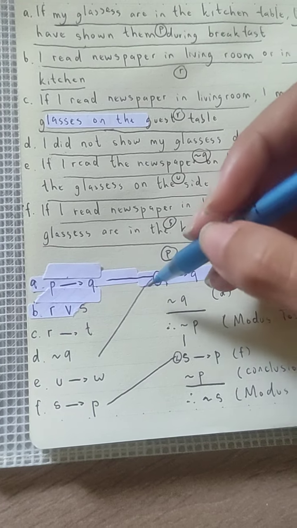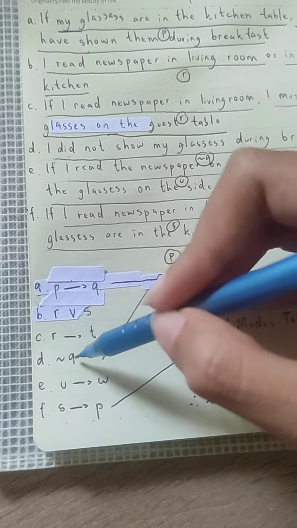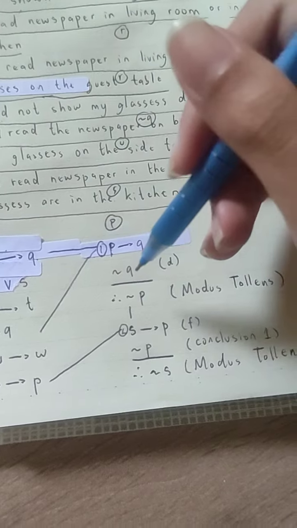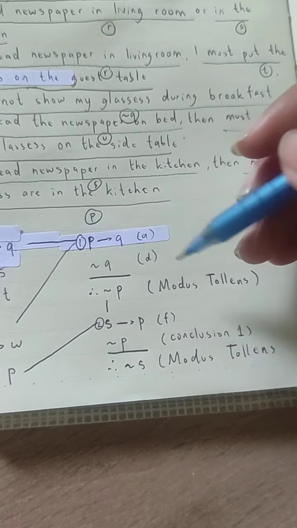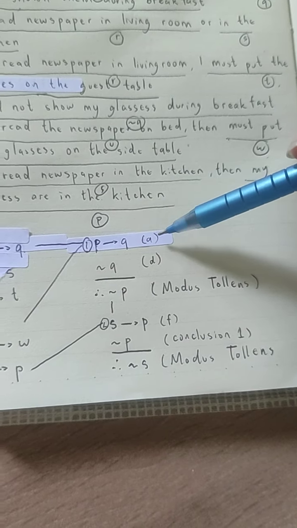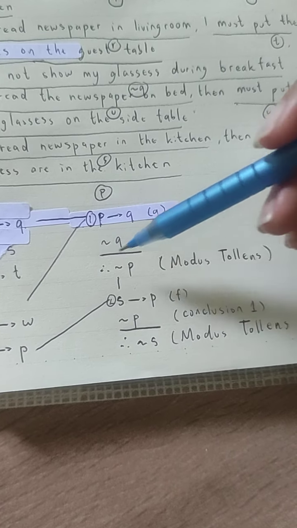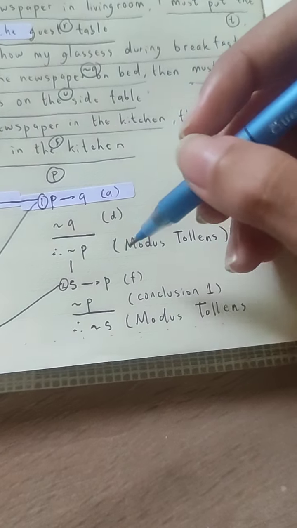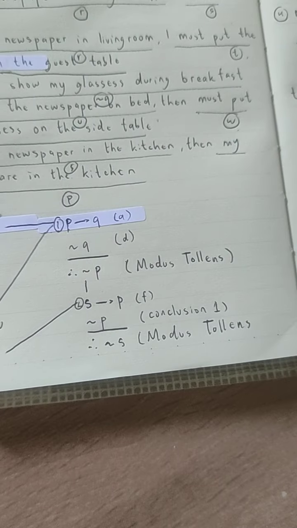Because for point D, there's a Q, we can insert it into our first conclusion. Now is P implication Q, we use it from point A, and then negation Q, we use it from point D. The conclusion is for this negation P. That we use is modus tollens.